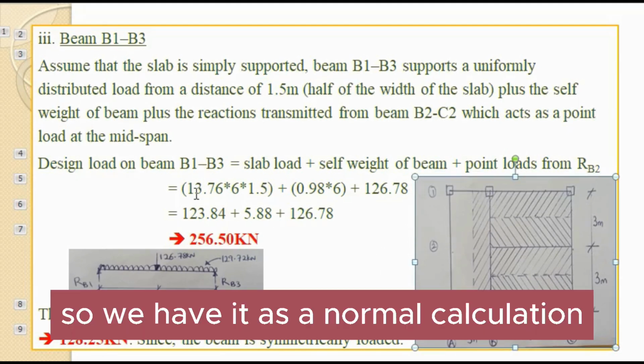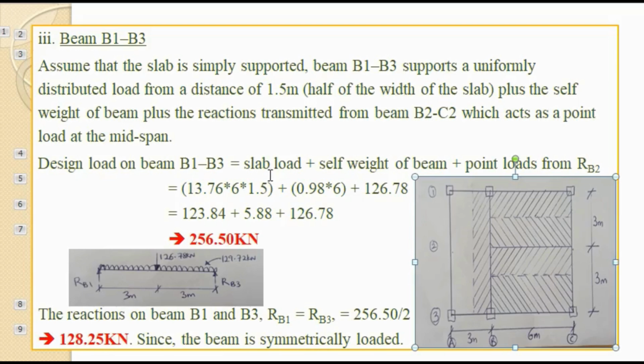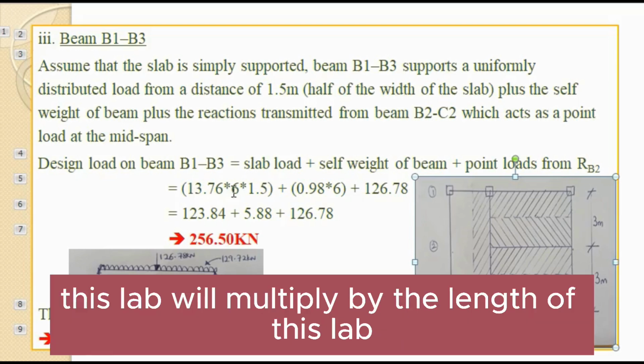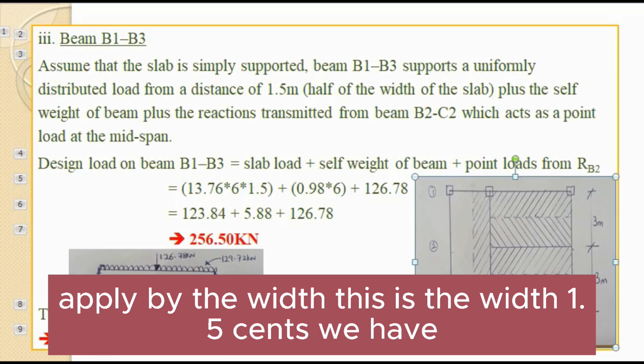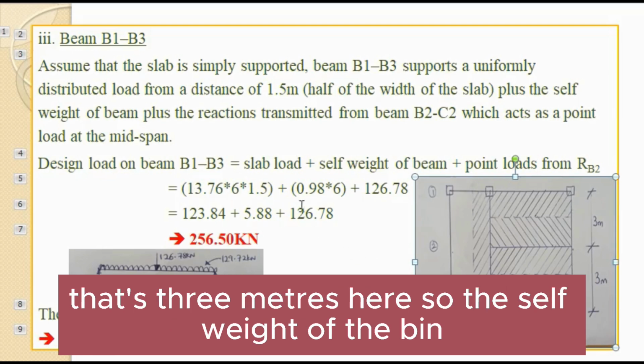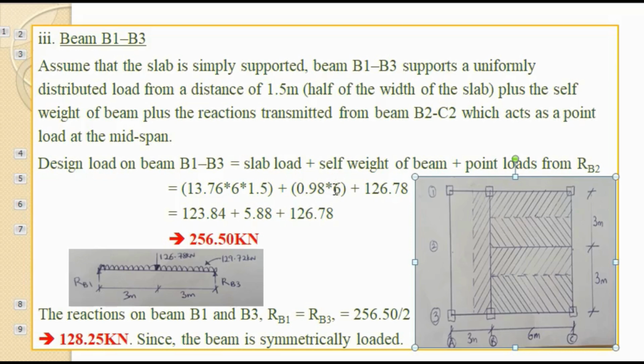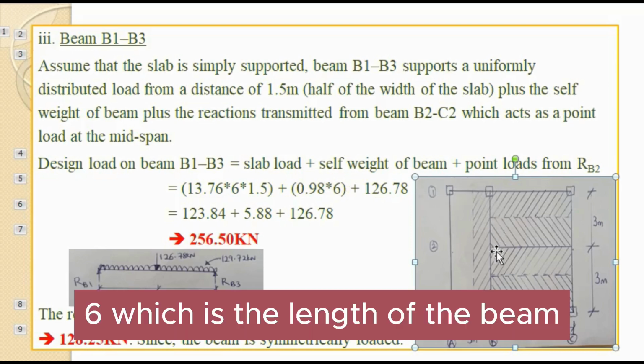So we have it as a normal calculation: the slab load multiplied by the length of the slab multiplied by the width. This is the width, 1.5, since we have 3 meters here. Then the self-weight of the beam, 0.98, multiplied by 6, which is the length of the beam.